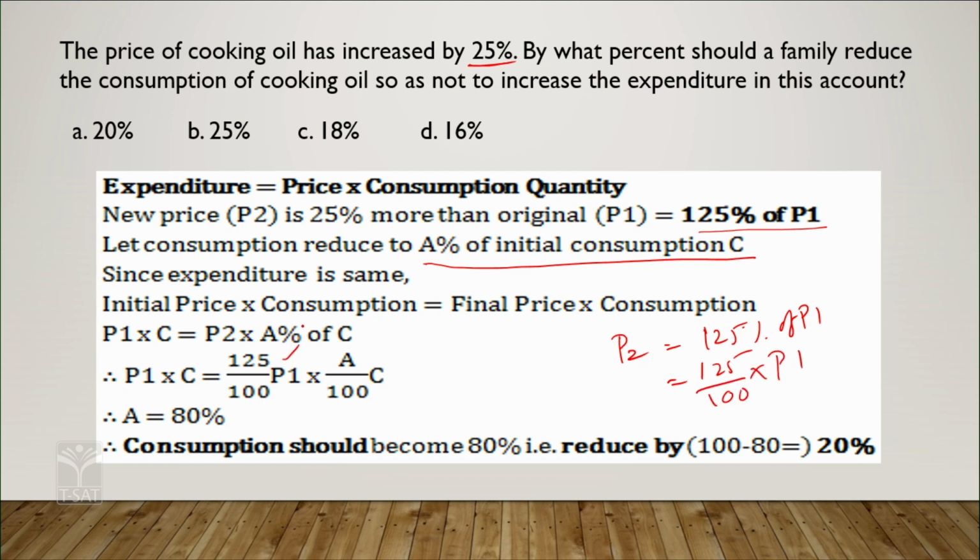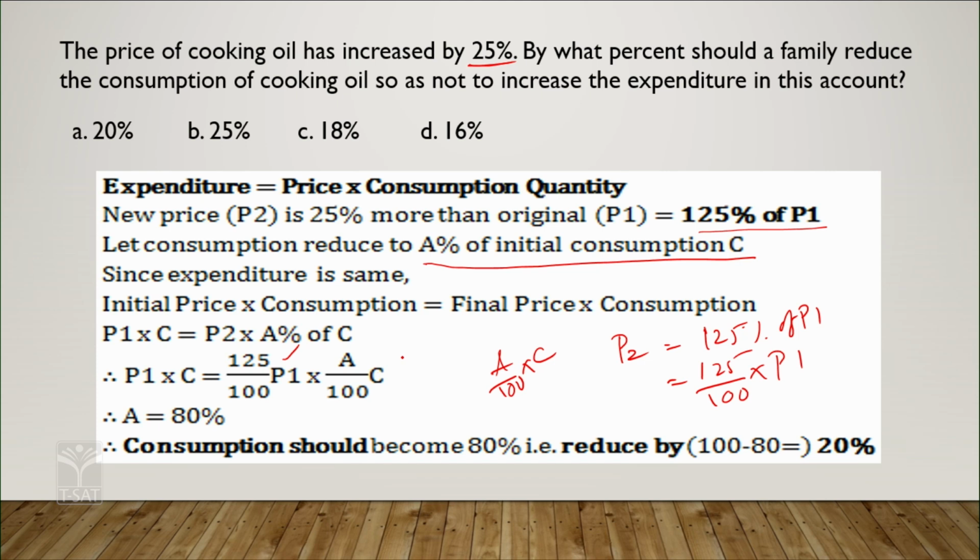And A% of consumption C means A by 100 into C. So, 125 by 100 into P1 into A by 100 of C.